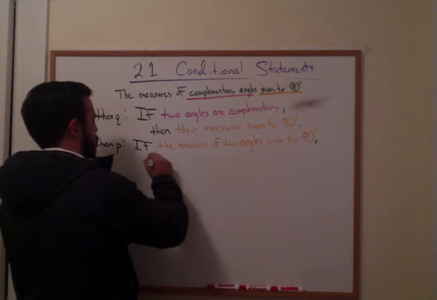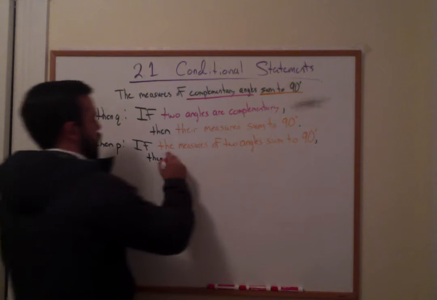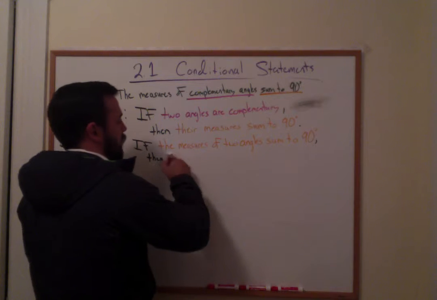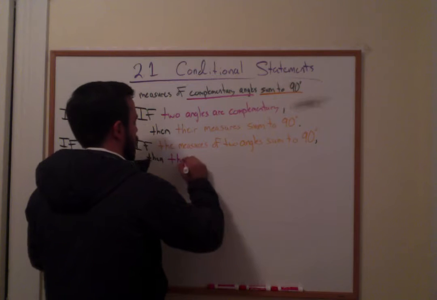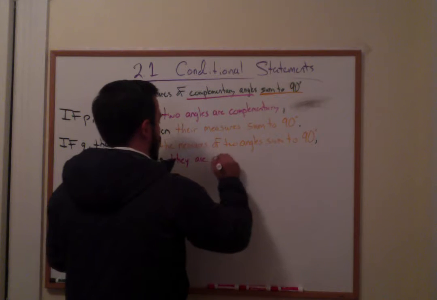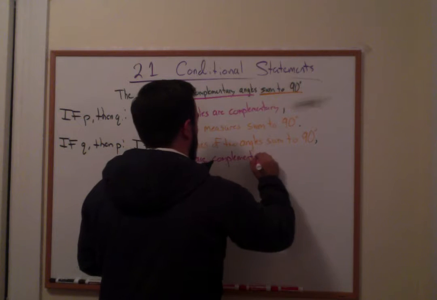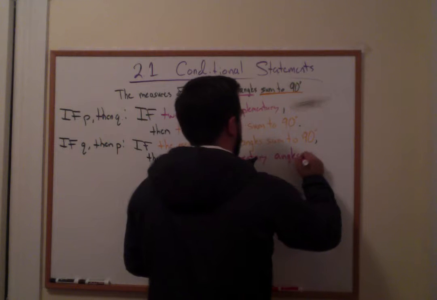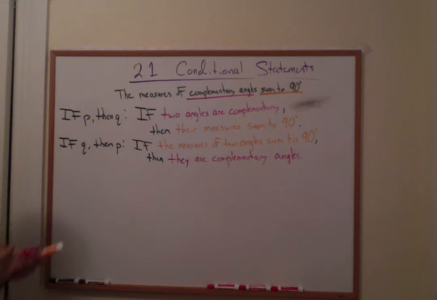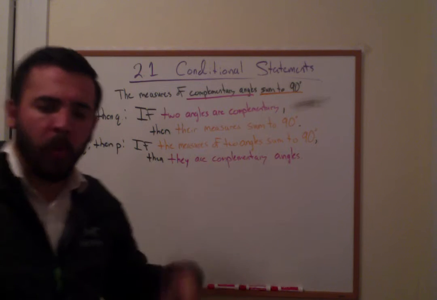Then, if the measures of two angles sum to 90 degrees, then they are complementary angles. Okay. So notice now the two parts have just switched.